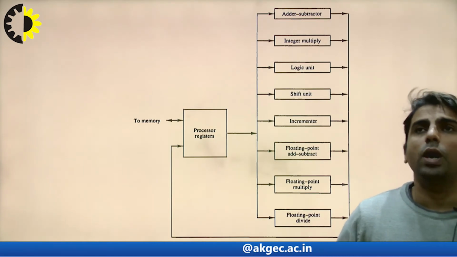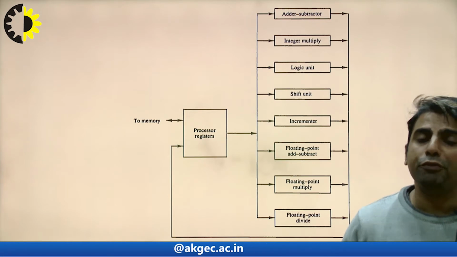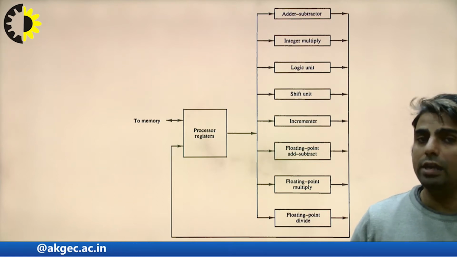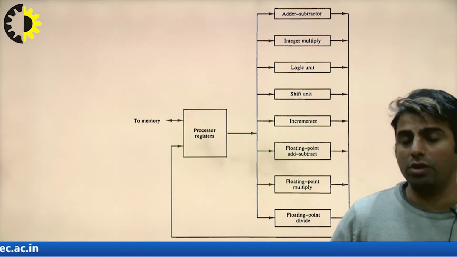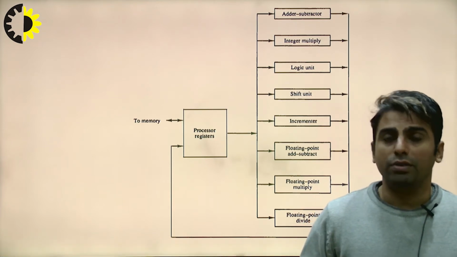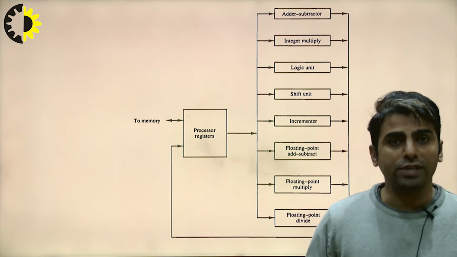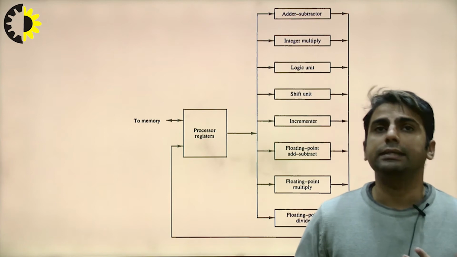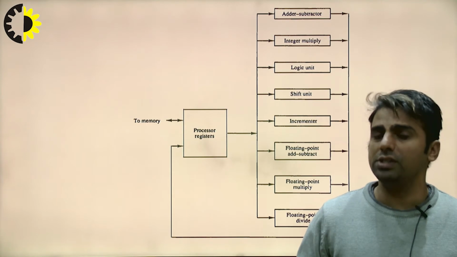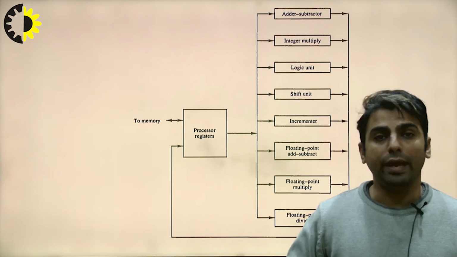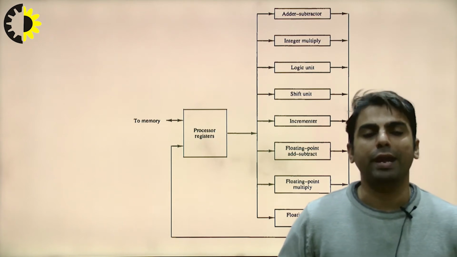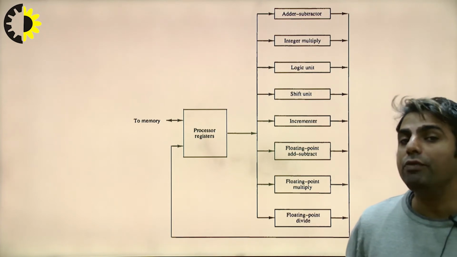So we can have different kinds of functional units present in our system to improve parallel processing. But this is a drawback, because it will add complexity due to a lot of circuitry, which could be a mess, and secondly, it will increase the cost. You have to buy multiple functional units to do these operations, so you have to spend extra for the extra hardware.